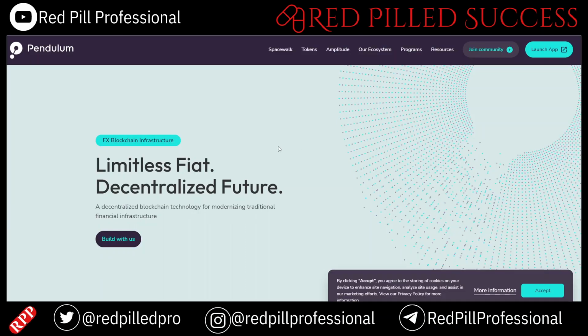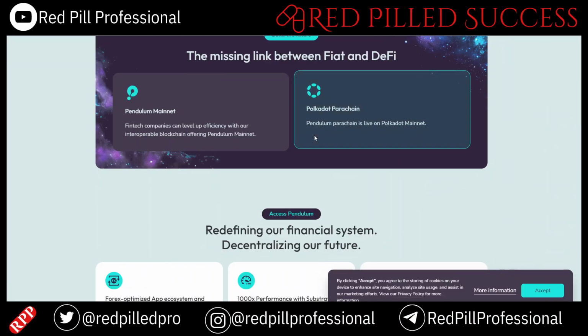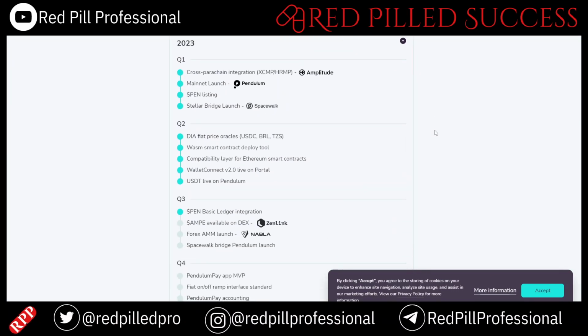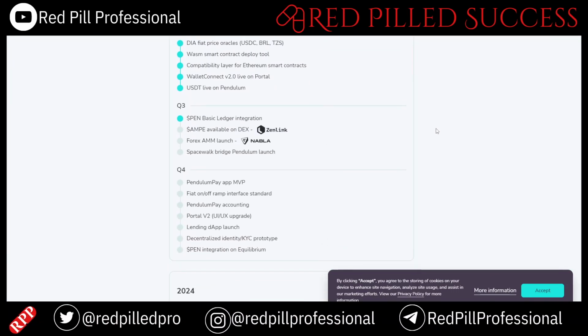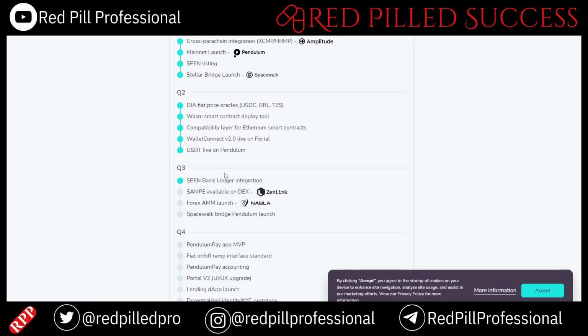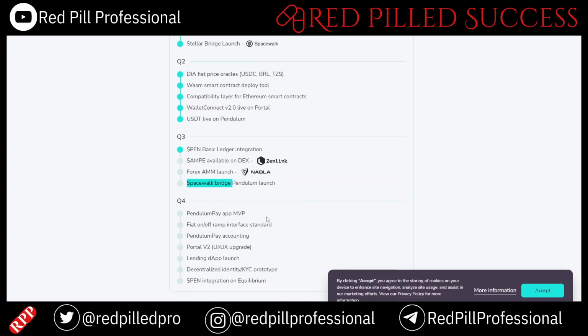So here's the official Pendulum site. It is just kind of re-explaining what that walkthrough I had was. In Q3 of 2023, we'll get the Forex AMM launch, and then you'll get Spacewalk as well.